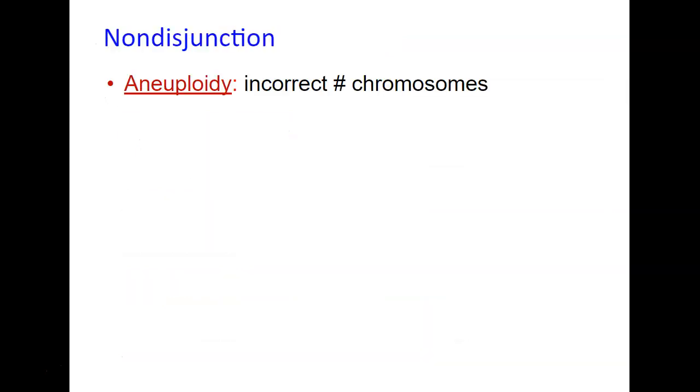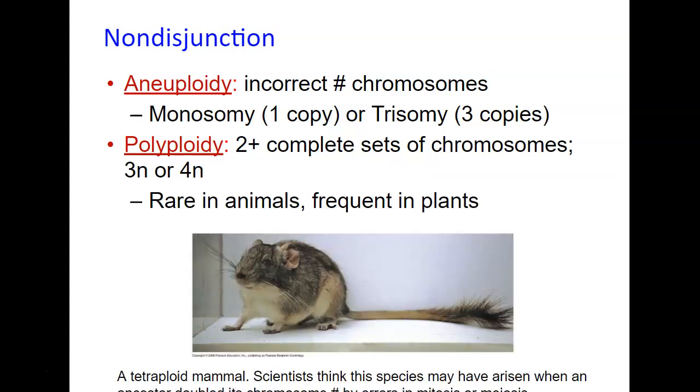Okay. The last couple of terms I want to talk about have to do with ploidy. This ties back to the chromosomal disorders of having an extra or not having enough. Aneuploidy is just a word for not the right number of chromosomes.